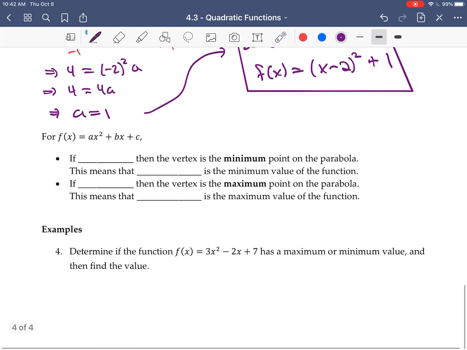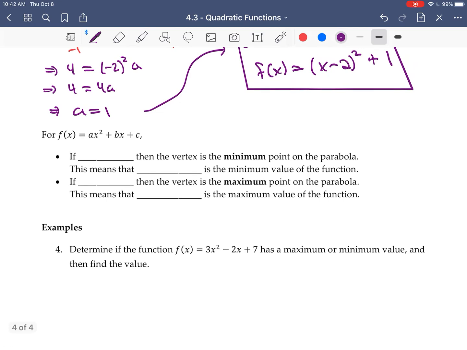Okay, some special features about our parabolas. If you're in this regular form, ax squared plus bx plus c, parabolas always have either a minimum or a maximum, because they either open up or open down. If a is bigger than 0, remember that means it opens up. It's going to look something like this.